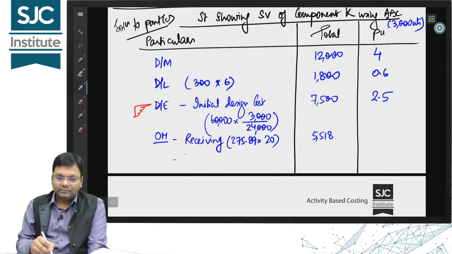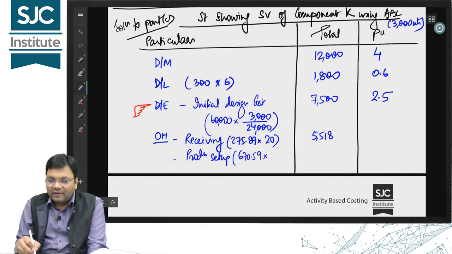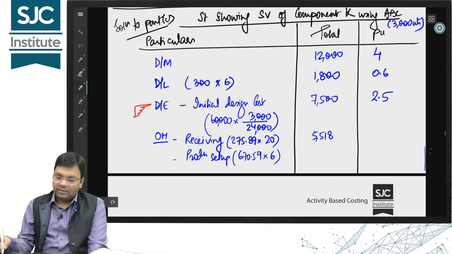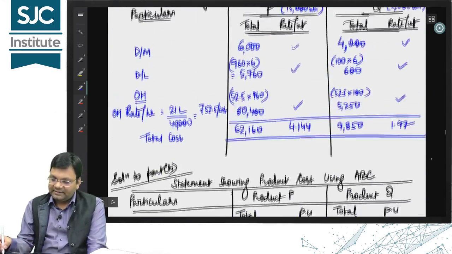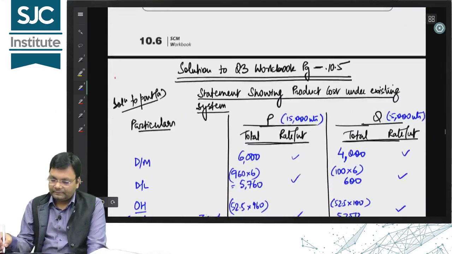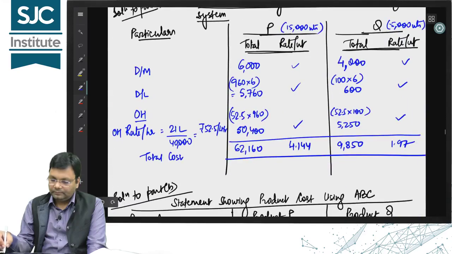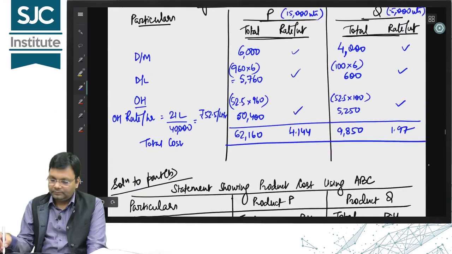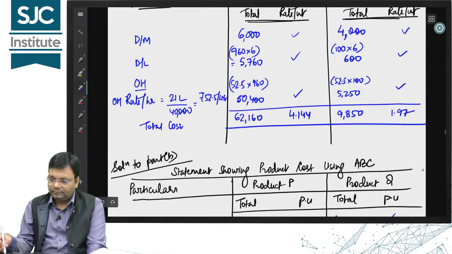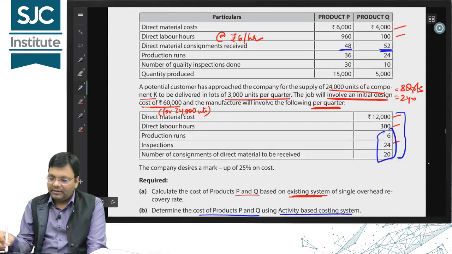After receiving, it is production setup, the rate is 670.59 and number of runs is 6. If you will see, number of runs is 6. In the question only, number of runs is given as 6 and quality inspection is 24.